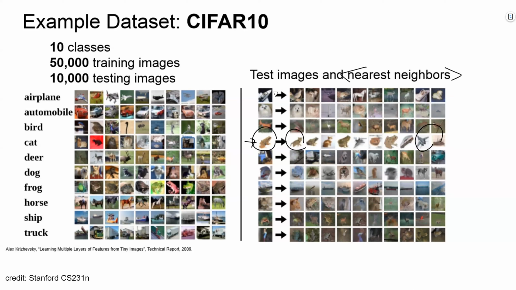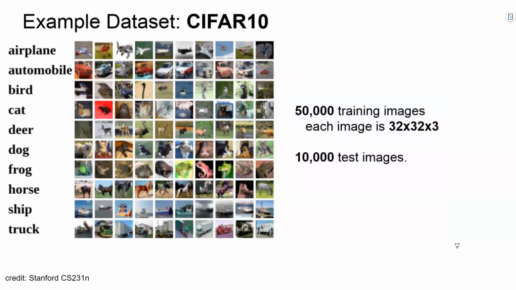As you can see here, this one is an airplane, but the nearest neighbors contain birds, horses, cats, dogs, and other entities. So even though this was one of the very first relatively big data sets, the performance was not that satisfactory.